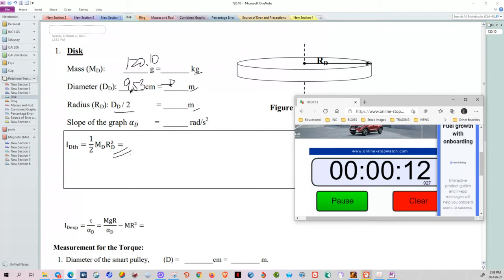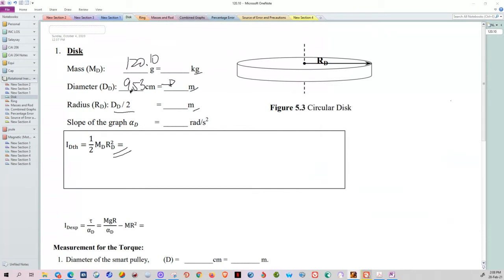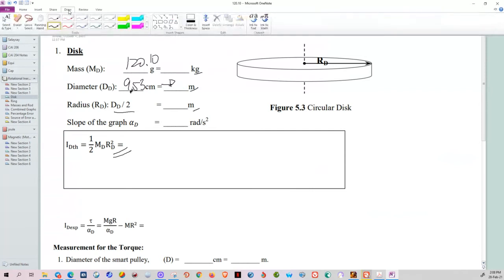Muhammad, he has 1.36 by 10 to the minus 4. Okay. And time's up. Let's calculate it together, okay? And let's see where is your mistake.